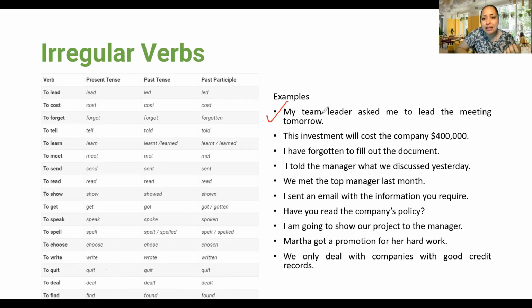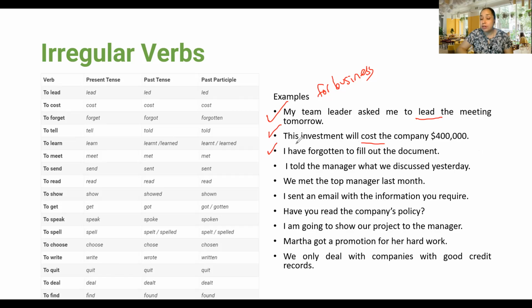An example: my team leader asked me to lead the meeting tomorrow. These are examples for business. Take a look at them. My team leader asked me to lead the meeting tomorrow. This investment will cost the company $400,000.